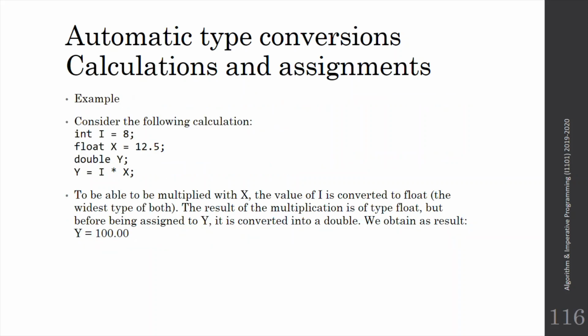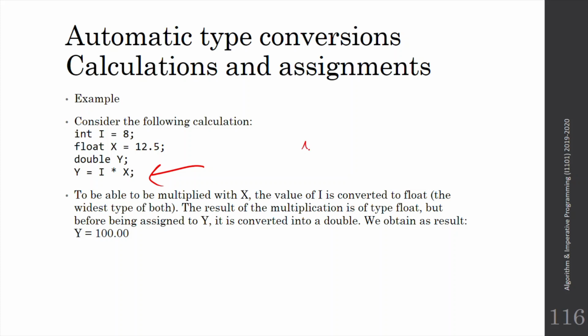Here we have 3 variables: i, which is an integer initialized to a constant, a float x, which is initialized to the real constant 12.5, and a double, which is y. And we have the instruction y equals i times x. While evaluating this operation, first we do the multiplication and then we do the assignment.